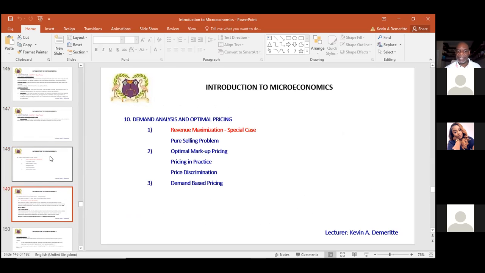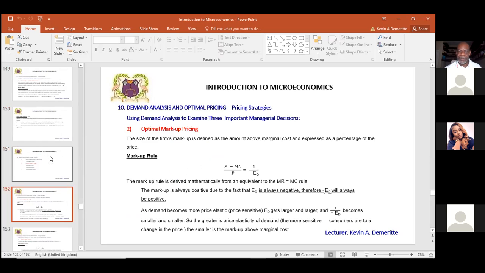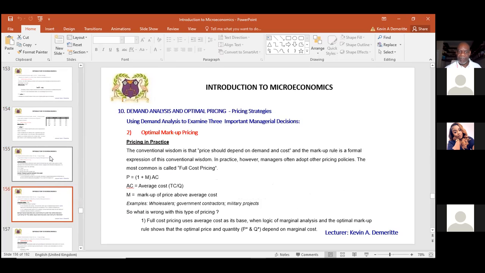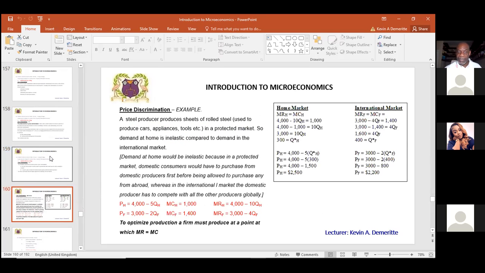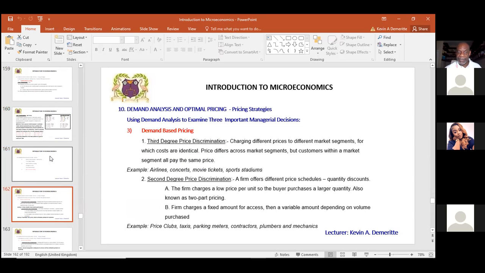Okay, here's the pricing. So we're looking for markup, pricing, price discrimination. And here's the price discrimination. Let me open it a bit wider. Okay.